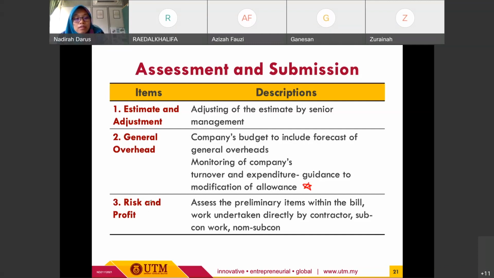All right, the third one we have is risk and profit. For this assessment, the company will assess the preliminary items within the bill, work undertaken directly by the contractor, subcontractor, and also nominated subcontractor works.